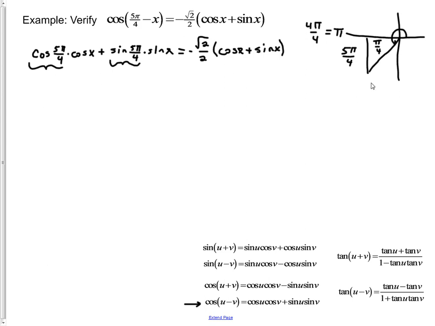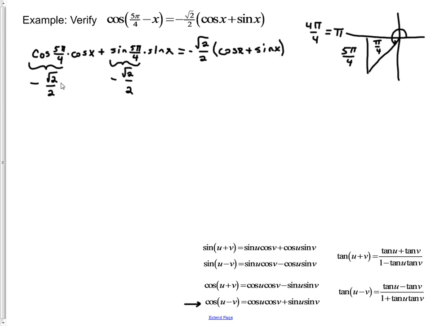What do we know? Well, in this quadrant, sine and cosine are both negative, and we'd be taking the cosine of our reference angle, which is pi over 4, and we know that to be square root of 2 over 2. And the sine of 5 pi over 4 would be negative square root of 2 over 2 as well.